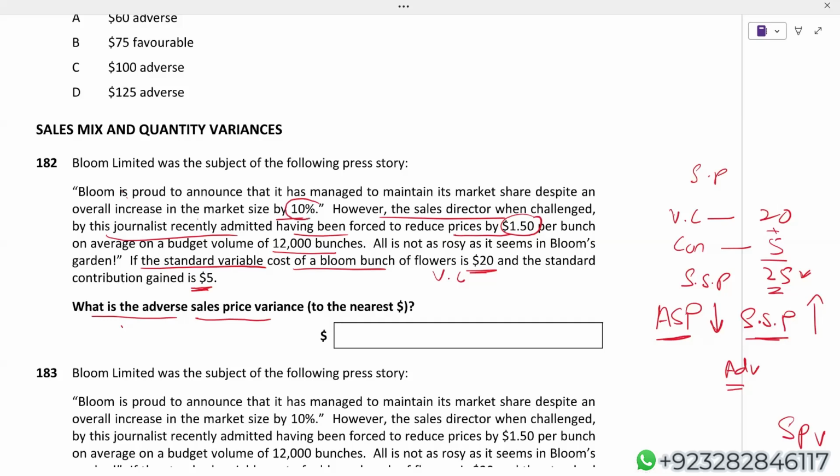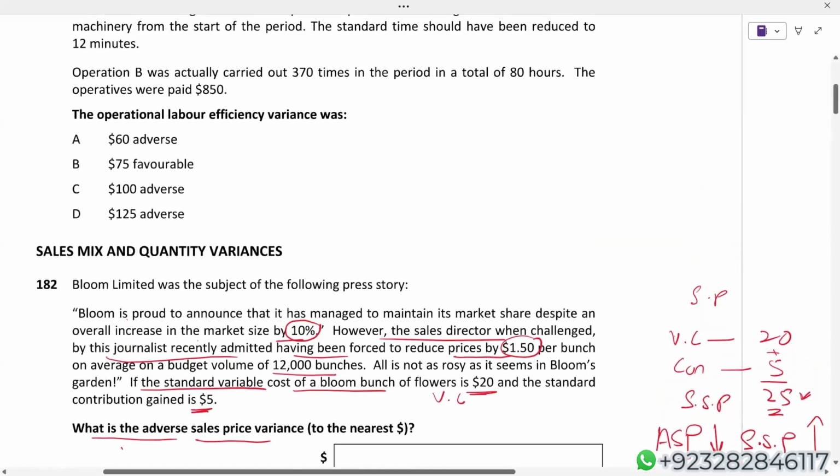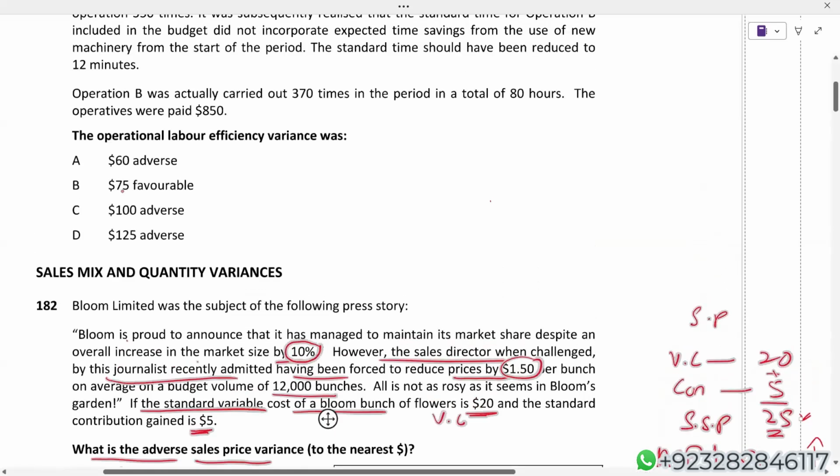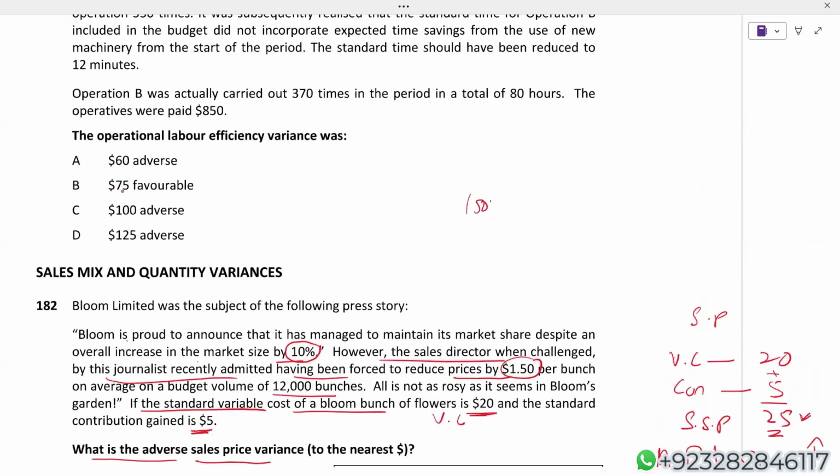Now try to understand. Market size has increased by 10%, but still Bloom has managed to maintain its market share. Assuming, I'm just assuming, okay? Assuming that market size is 1 lakh, and my share is 12,000 bunches, 12,000 units.